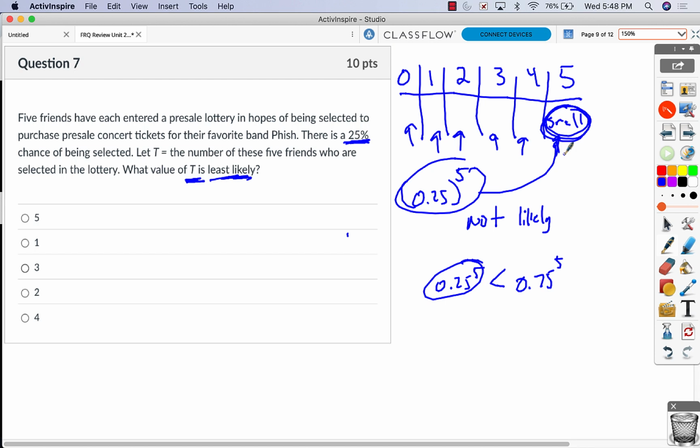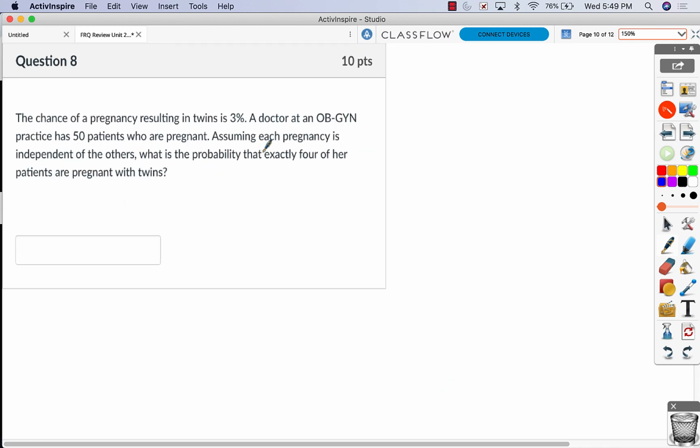If we look at it, it could be a binomial. The first friend's either going to get selected or not. This is yes or no. The second friend, same thing, yes or no. Everybody has a 25% chance. It's a binomial. But this is super, super unlikely. Hopefully that just came naturally to you.